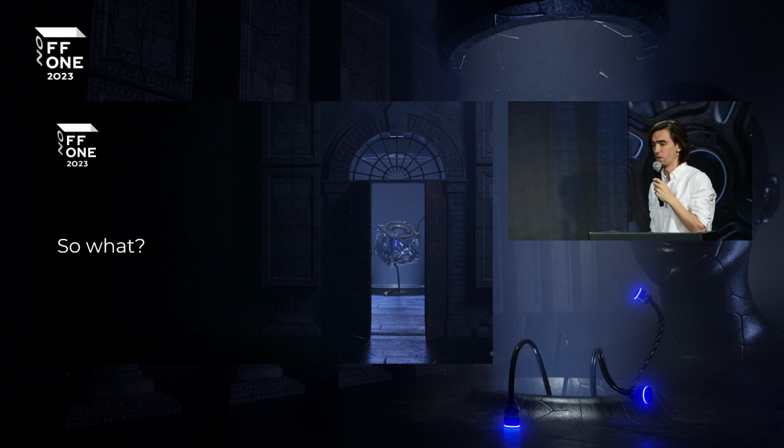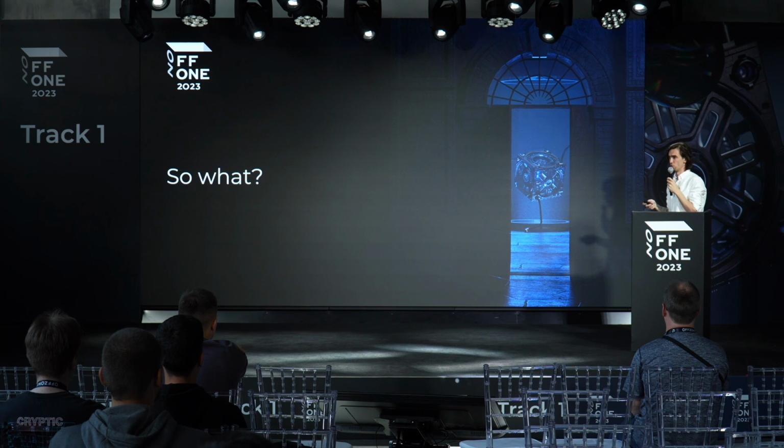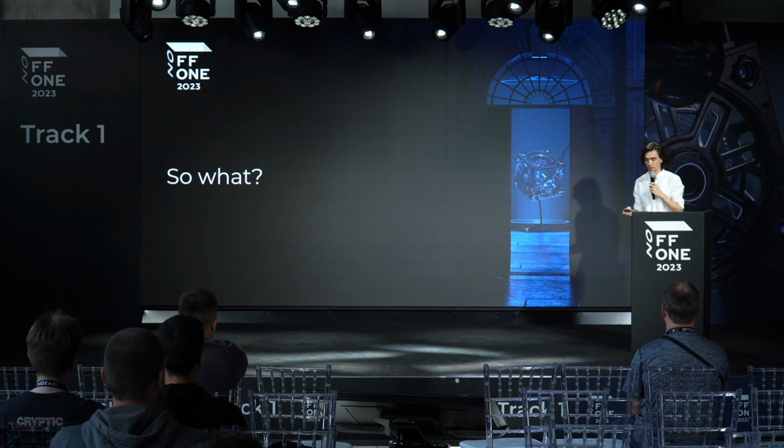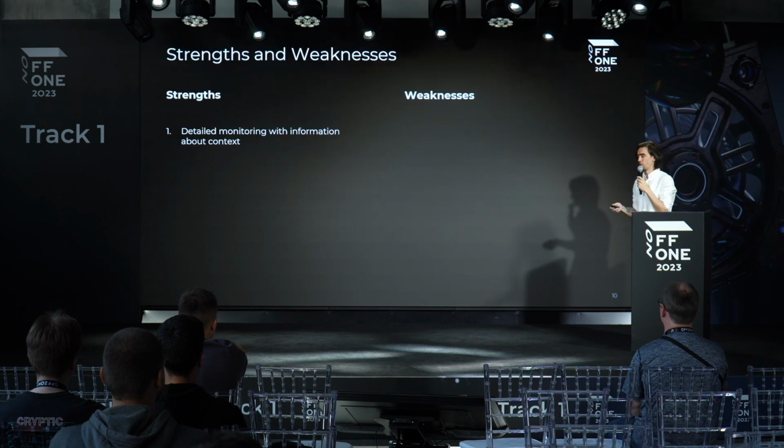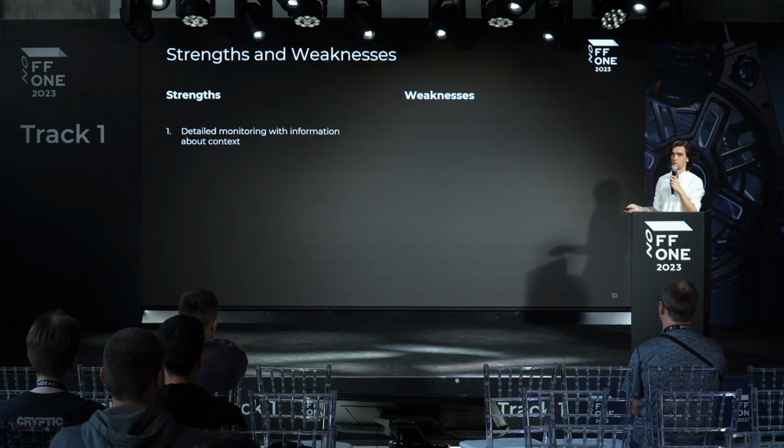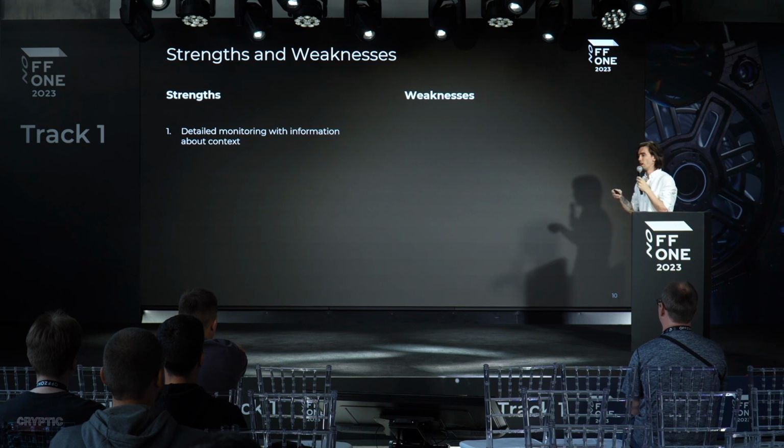Anyway, when I got familiar with the technology and the way it works, I realized that many kernels can track the functions. So I decided to do research, and let me start by identifying strengths and weaknesses of this technology for security purposes.